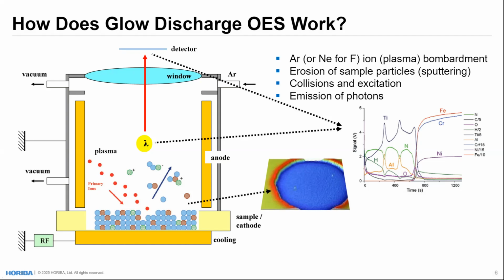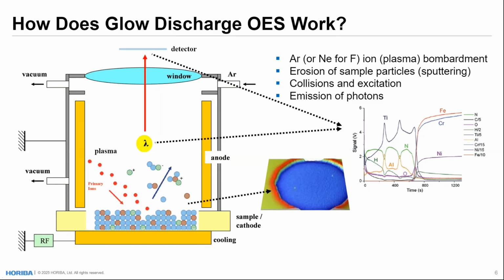So when we start the plasma, the argon atoms will be excited and they move super fast. These super fast moving argon atoms collide with the surface of the sample and eject material from the surface. We call this phenomenon sputtering. The sputtered material will be excited in the plasma and emit light.